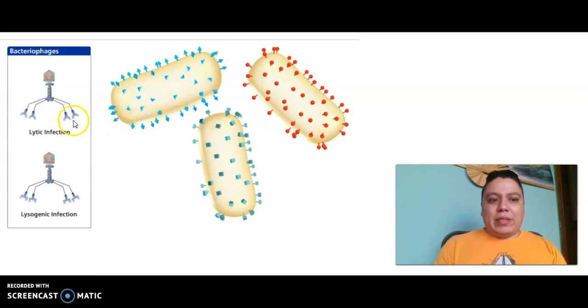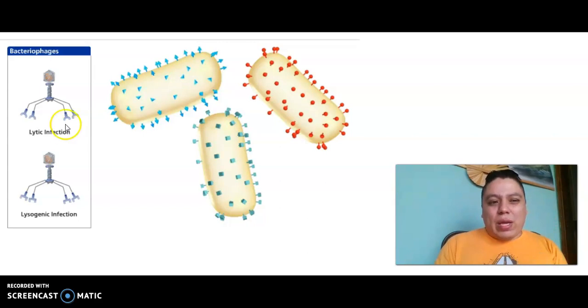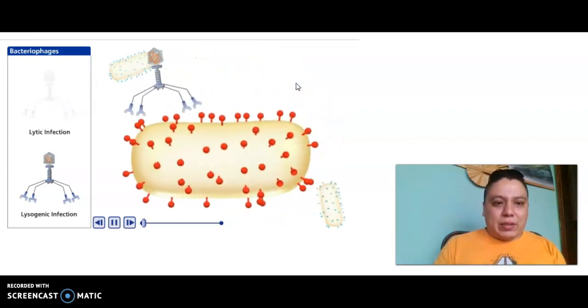The thing is that certain types of viruses can only attach themselves to a specific type of glycoprotein. In this case, if you notice in here, this virus has little round glycoproteins. In a way, they act like chains, and they allow that virus to actually infect the bacteria.